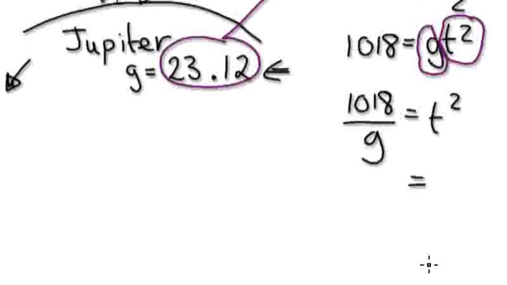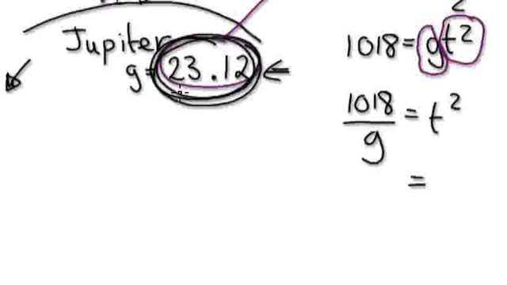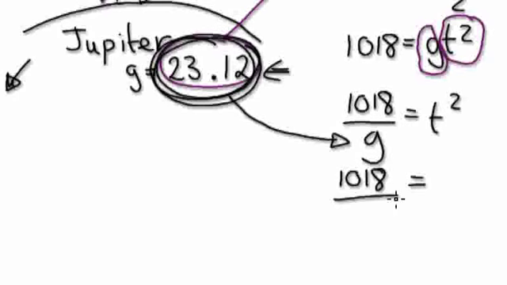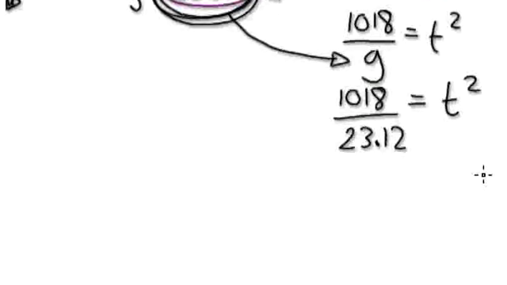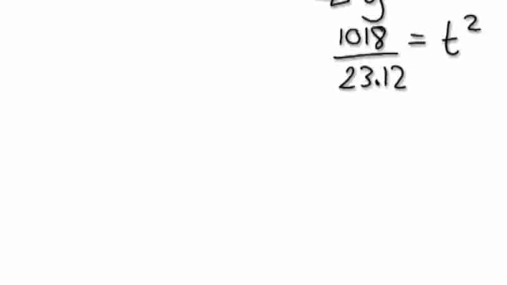Now, we know gravity. Well, I looked this up on the internet, but we know gravity is 23.1 on Jupiter. So let's put that into the G. So it would be 1018 over 23.12. Remember, this is T squared. Now jump to a calculator.